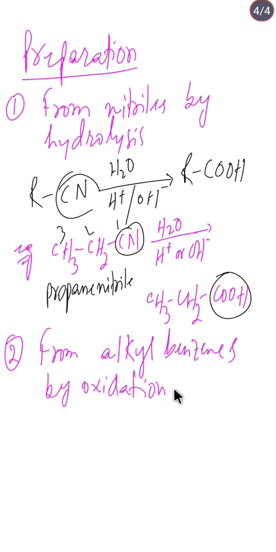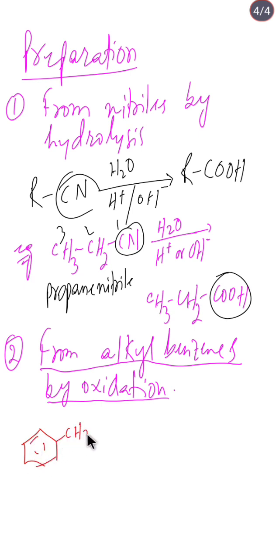When alkyl benzene contains at least one benzyl carbon atom, the alkyl benzene must contain one benzyl hydrogen, then only oxidation will take place. This is our methyl benzene, which is also called toluene. This is our ethyl benzene.